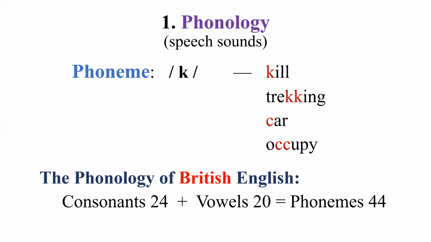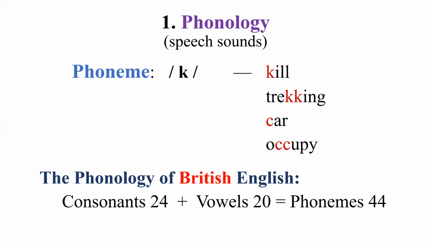Let's look at an example. We have a single phoneme called K. But look at the letters we use to represent this single phoneme. Kill, K-I-L-L. So here we use one letter K to represent this one single phoneme, K. Next word, trekking, T-R-E-K-K-I-N-G.